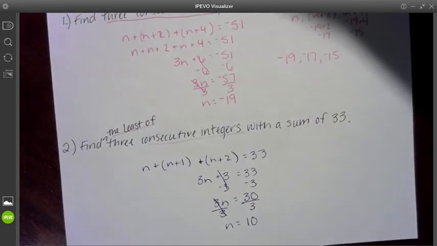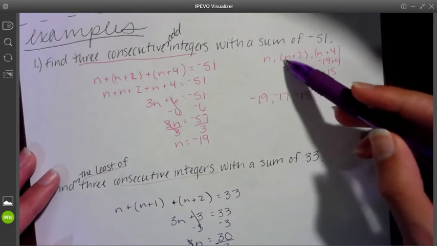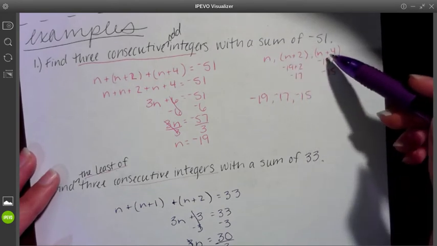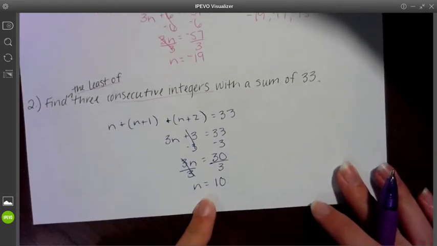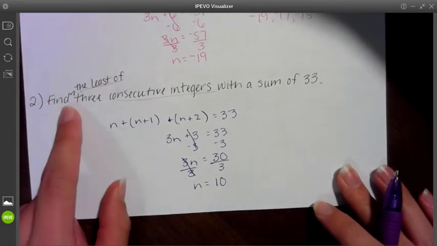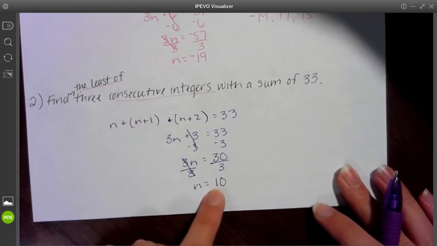All right. Do I need to go back and do this process of finding all of them? No, I don't. I need to find the least of the 3 consecutive integers, right?